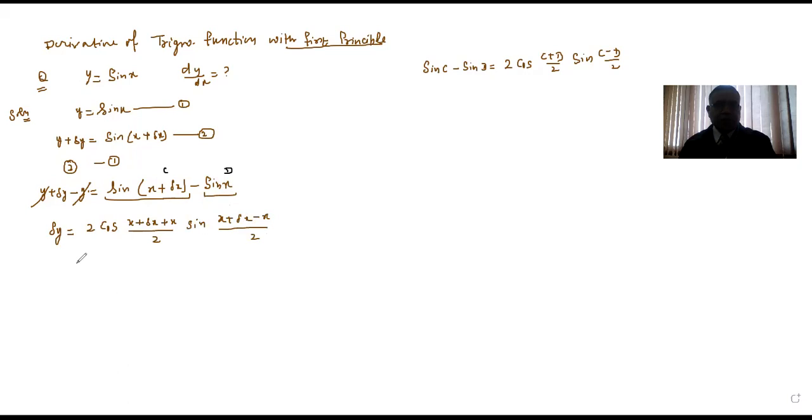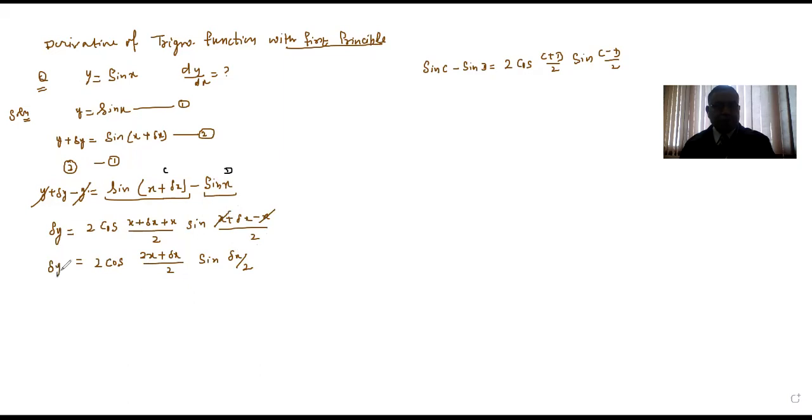So which is equal to 2 cos of (2x plus delta x) upon 2, sine delta x upon 2. So these two x values cancel out.